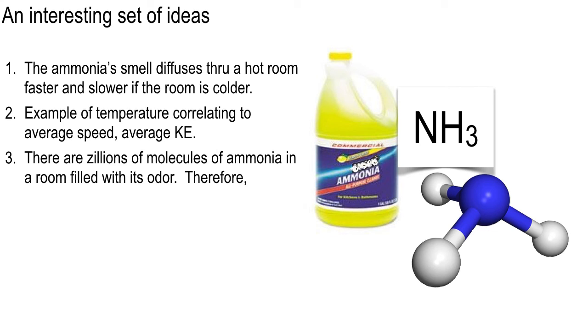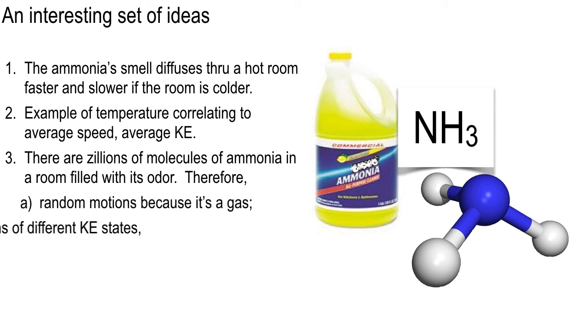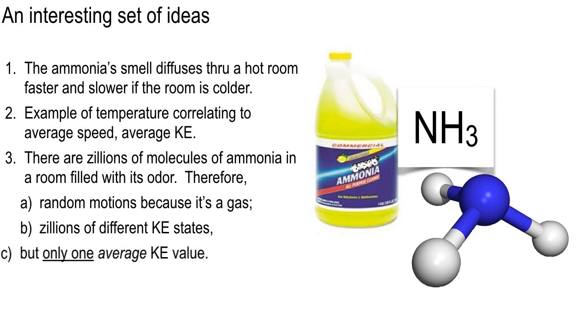There are zillions of molecules in a room, and those motions are random. You can think of the gas as having a zillion different kinetic energy states. Even though there's a zillion different kinetic energy states, there's only one average.